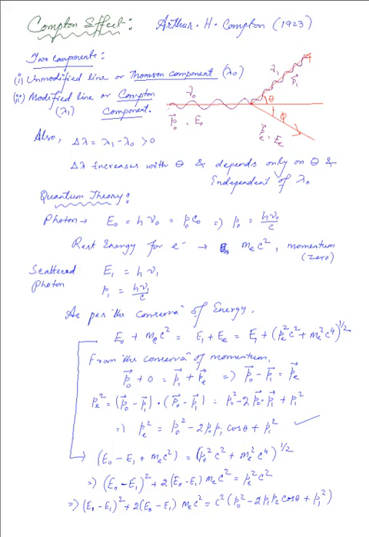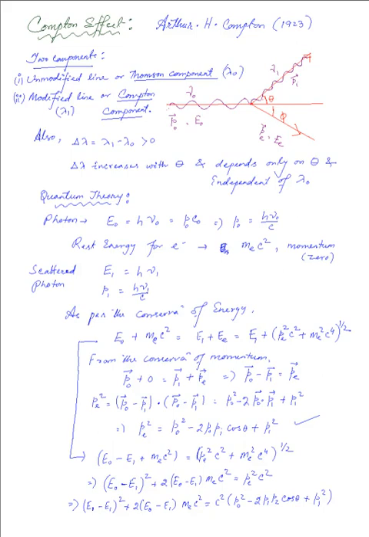The incident photon had the corresponding frequency, momentum, and energy as nu naught, p naught, and E naught, as we can see in the given figure, the schematic diagram that we have drawn over there.